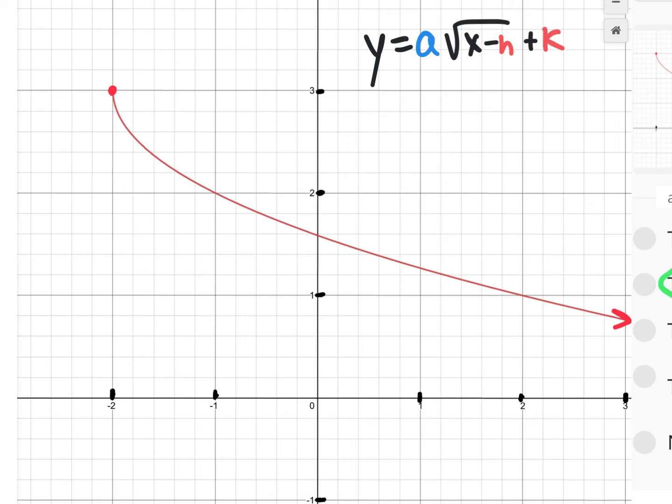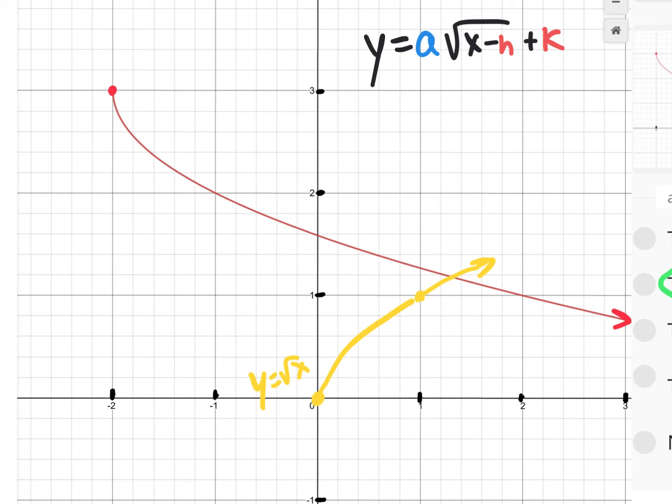So let's think about the original parent graph, y equals the square root of x. The square root of 0 is 0, the square root of 1 is 1, and it is going to go up and curve in that direction, and it does continue to go in that direction because the next input would be 4. Square root of 4 is positive 2, so it'd be up here, right? But anyway, that's the parent graph, so we know it has to get reflected over the x-axis.